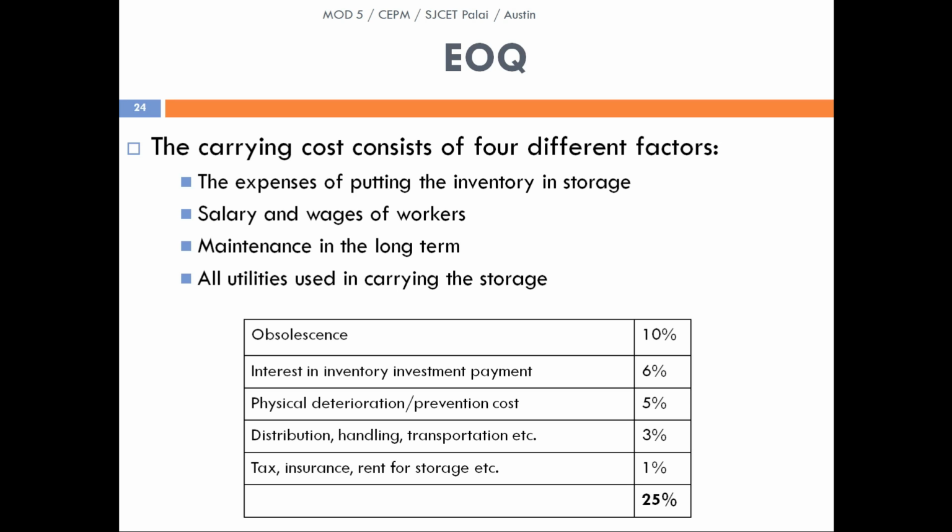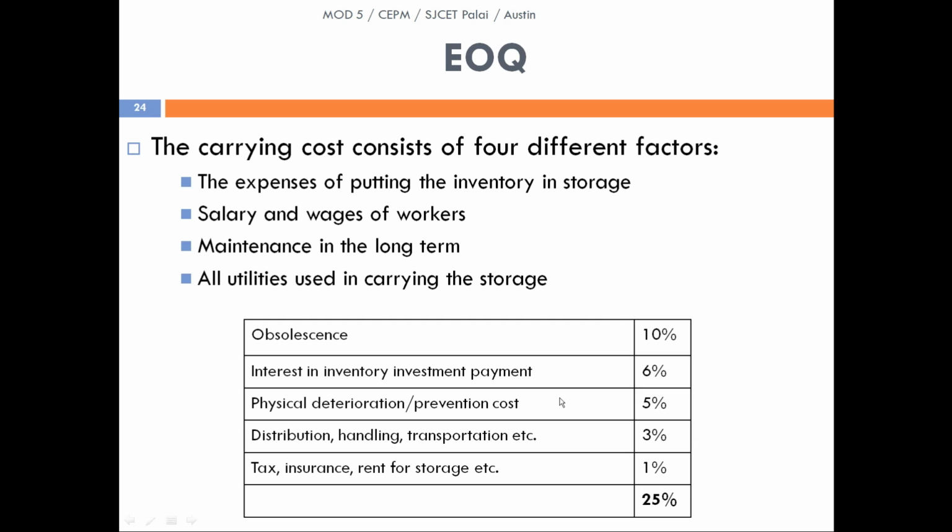For example, if our material requires much care and has to be properly stored in good, hygienic condition, then we have to have all the utilities for storing the material or inventory for a long period of time. We may need maintenance for a long period of time, we may have to provide the salary and wages for the workers who are doing the inventory or storing processes, and all this cost comes together and comes under the carrying cost.